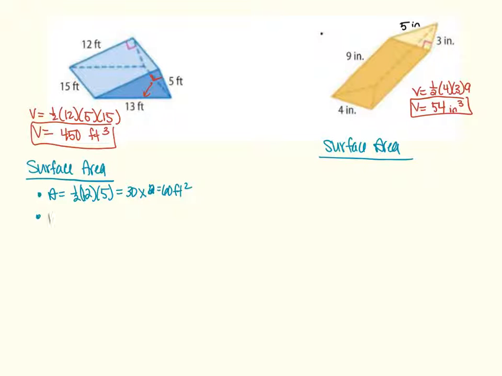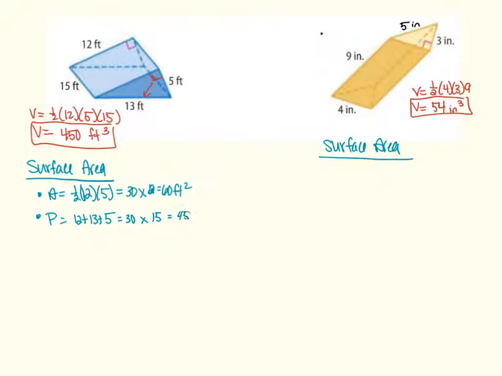Now, let's find the perimeter of the triangle, which is going to be 12 plus 13 plus 5. That is 30. And then multiply that by the height of the prism, which is 15.